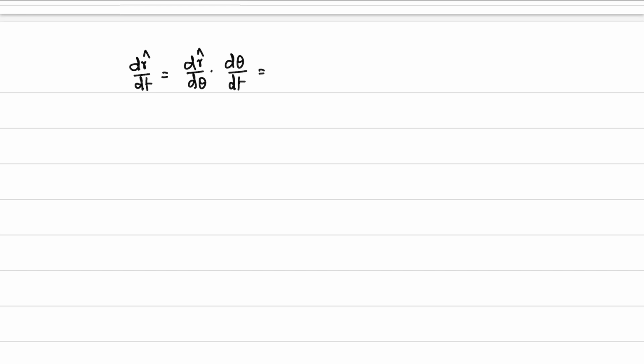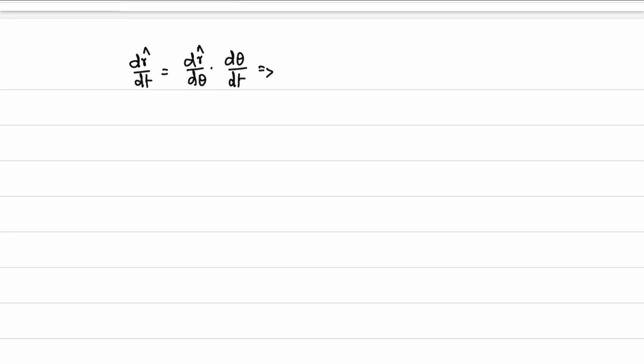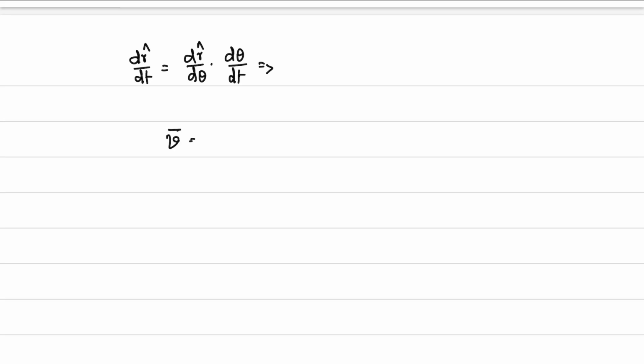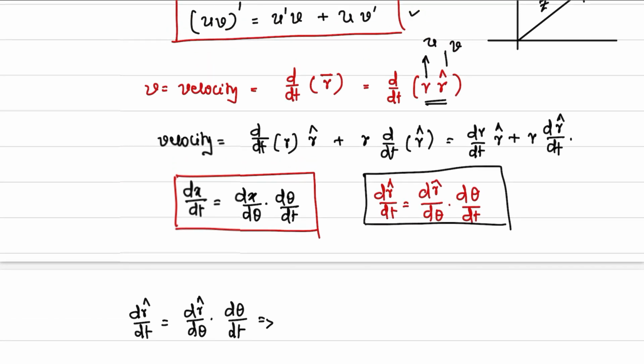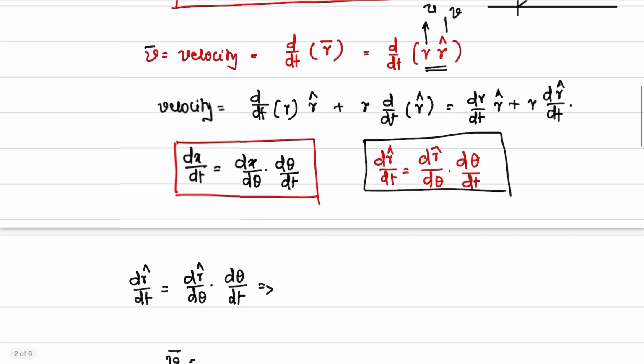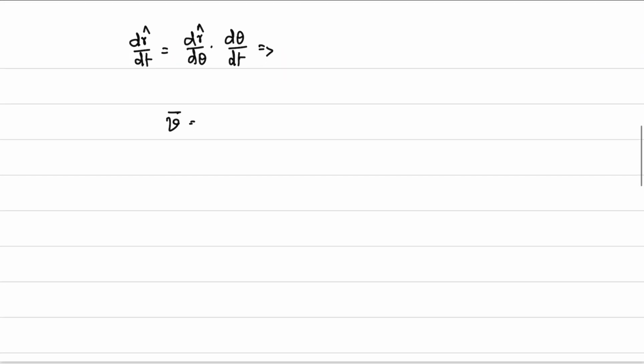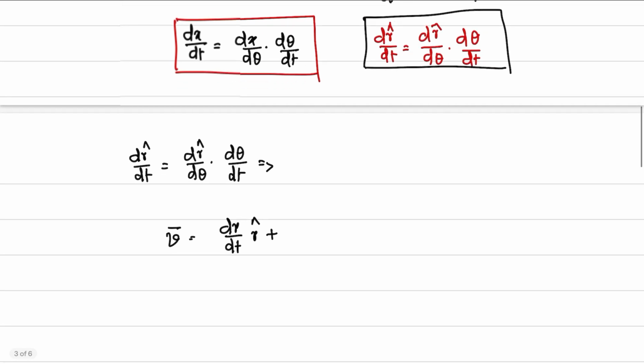When you substitute these values in the original velocity equation, the velocity vector is equal to dr by dt r cap plus r into dr cap by d theta into d theta by dt. Then what is dr cap by d theta? That is theta cap.